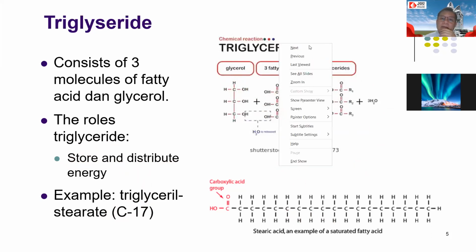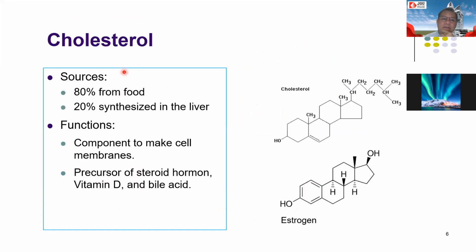And for cholesterol, the sources are 80% from food and 20% synthesized in the liver. The functions, as we know, are as a component to make cell membrane and a precursor of steroid hormone, vitamin D, and bile acids. Hormones like estrogen and bile salts are from cholesterol.